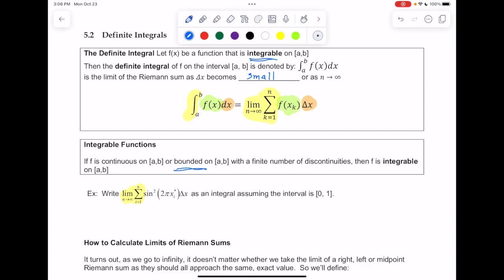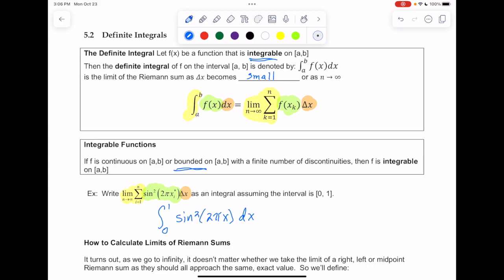Because of that, I'm going to write an integral. And they said the interval is from 0 to 1, so the integral will be from 0 to 1. The next piece is the function. So we have sine squared of 2 pi x i star. All we need to do there is replace the x sub i star by x. So this becomes sine squared of 2 pi x. And then again, the last piece, I think the easy piece, this delta x becomes a dx.